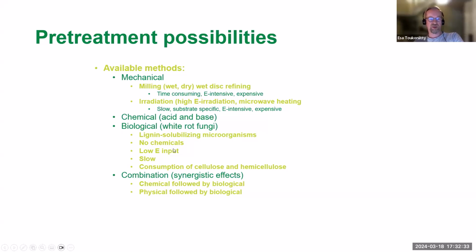Biological methods, you can use some microbes to break the woody biomass into its components. But you can also combine different pre-treatment possibilities.